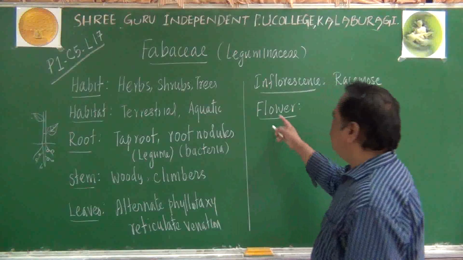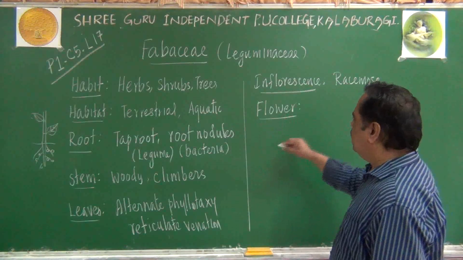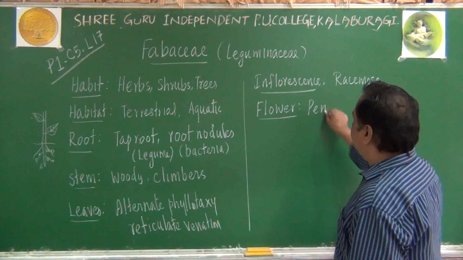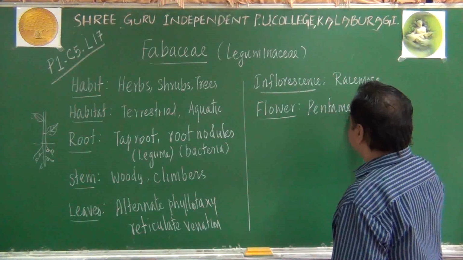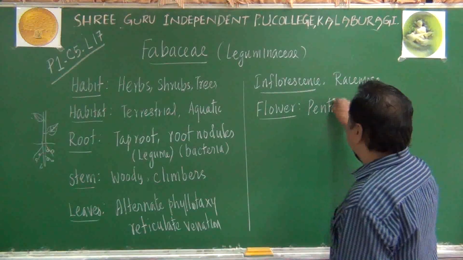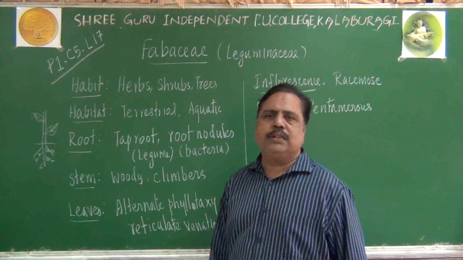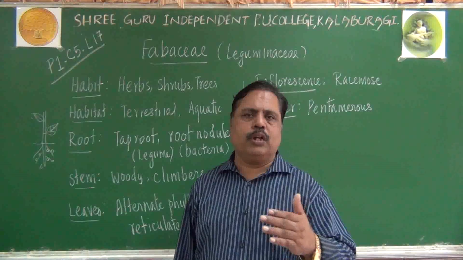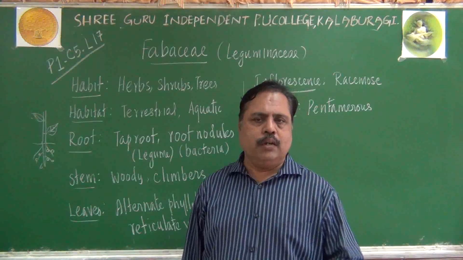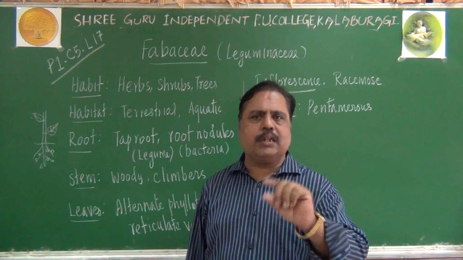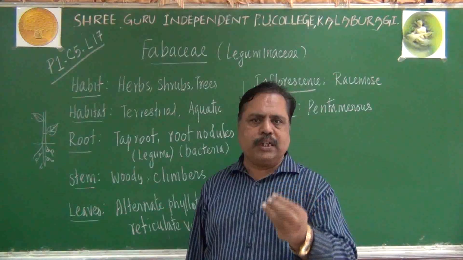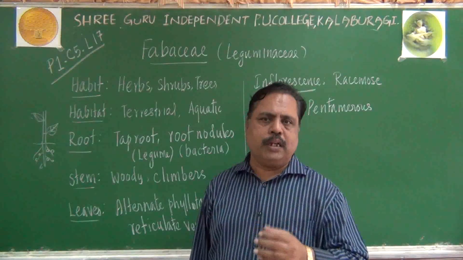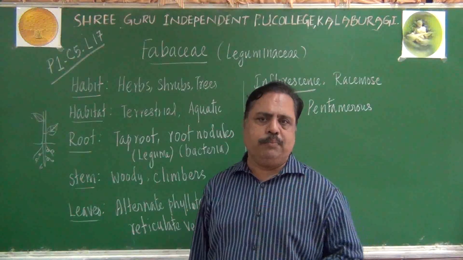Now as far as the flower is concerned, generally the flower will be pentamerous in nature. What is pentamerous? 5 or multiples of 5 floral whorls will be present. Floral whorls means members of floral whorls: sepals, petals, stamens, carpels, they will be in 5 or multiples of 5.